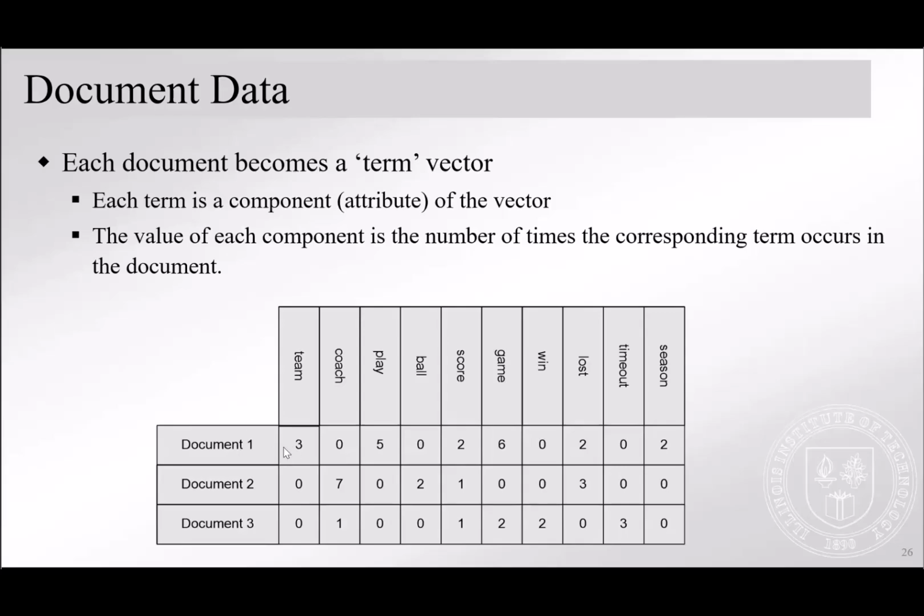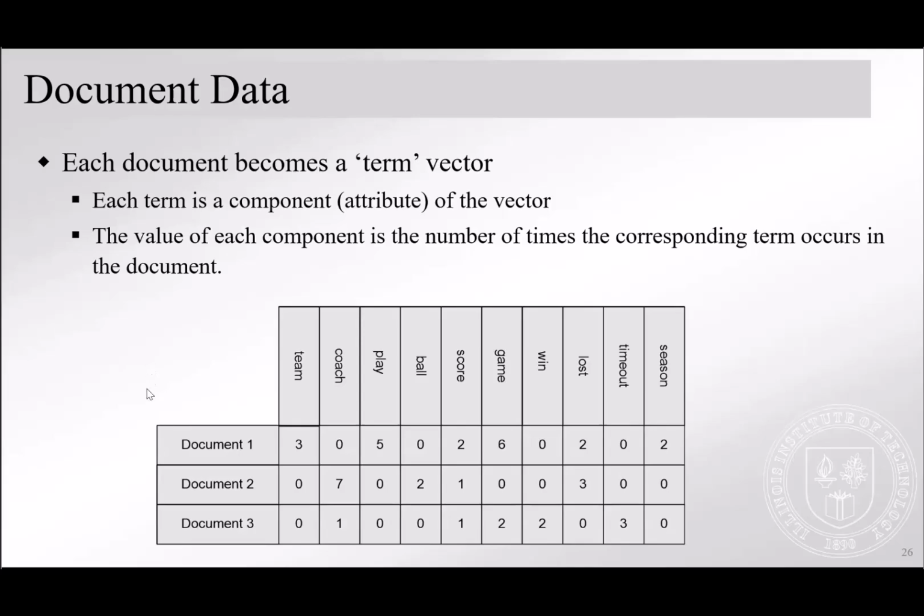It's the count or frequency of that word in that document. In other words, how many times does the word team show up in this article? How many times does the word team show up in document two, and so on. And continuing to coach here, for example, it appears 7 times in that document, and so on. So that number goes in the cell.